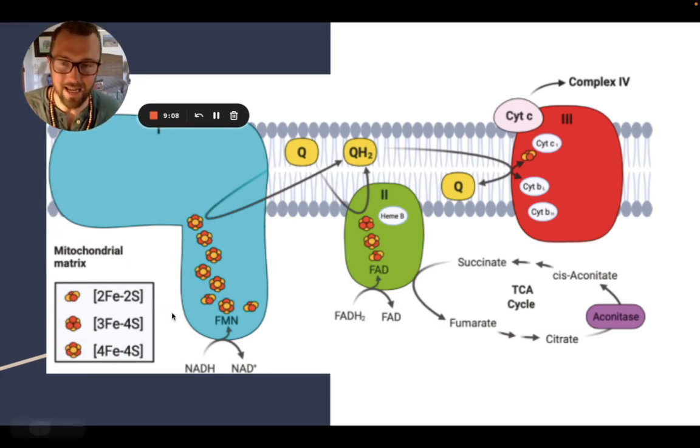But you can see here, looking at the key at the bottom, these little doodads signify the presence of iron, right? The iron-sulfur complexes, all with iron in them, serve as catalysts for the mitochondria to do what it needs to do. So the mitochondria needs iron in order to produce energy.